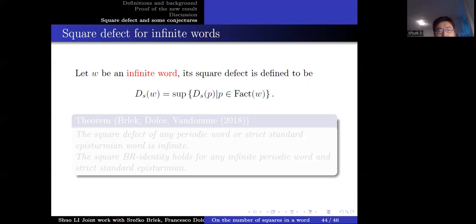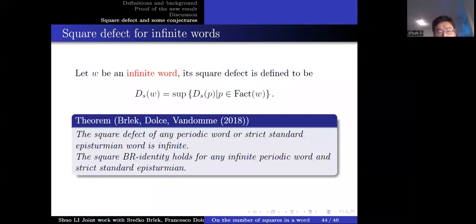If W is an infinite word, the square defect of W is defined to be the supremum of the set of all D(P), where P are factors of W. In fact, it is already proved by Brlek, Dulio and Van Dam that the square defect of any infinite periodic word and the strict standard episturmian word are infinite. Moreover, the BR identity also holds for these two types of infinite words.